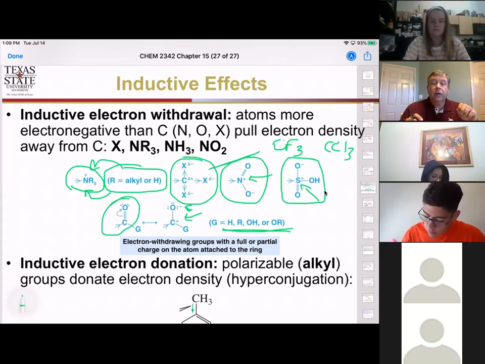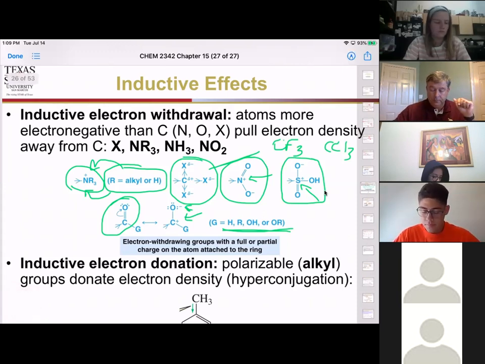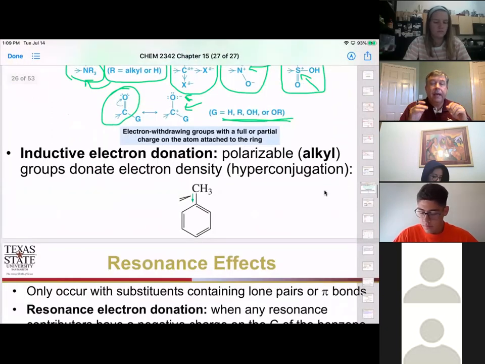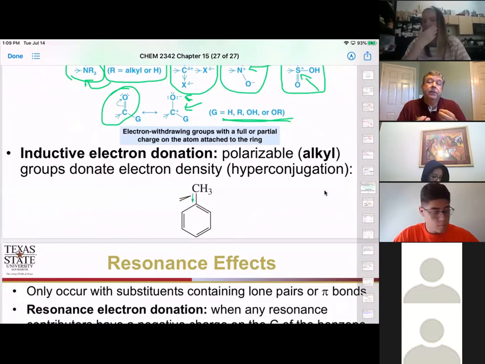Now let's talk about how we can inductively, through that sigma bond, donate electron density back. In the case of something like carbon, that carbon-carbon bond tends to be nonpolar. But the fact that we have an sp3 hybridized carbon and an sp2 hybridized carbon makes it a little bit polar. Therefore, alkyl groups, sp3 hybridized carbons, can donate electron density through hyperconjugation.